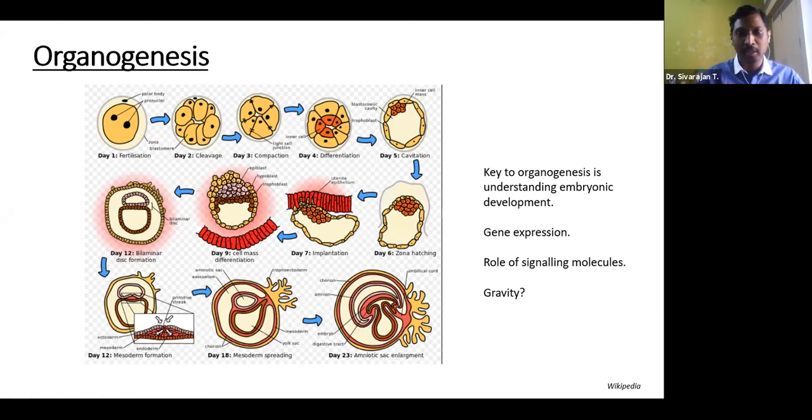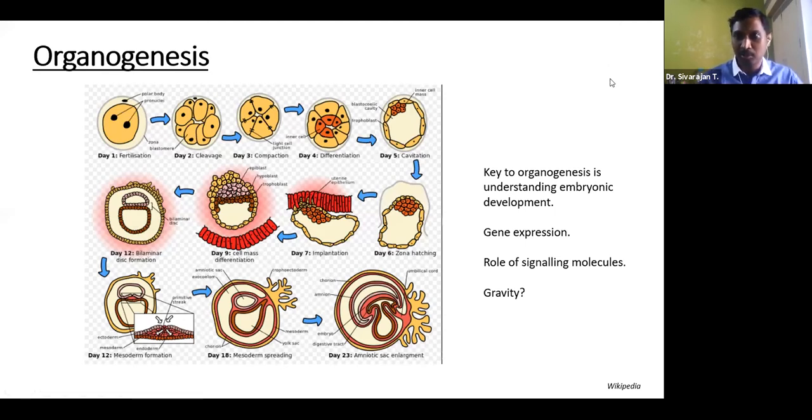And the 3D organization of these cells is what makes the different organs of our body. And this is so fantastic, and there is so little known about the whole process, which is what we are trying to recapitulate now using modern techniques.